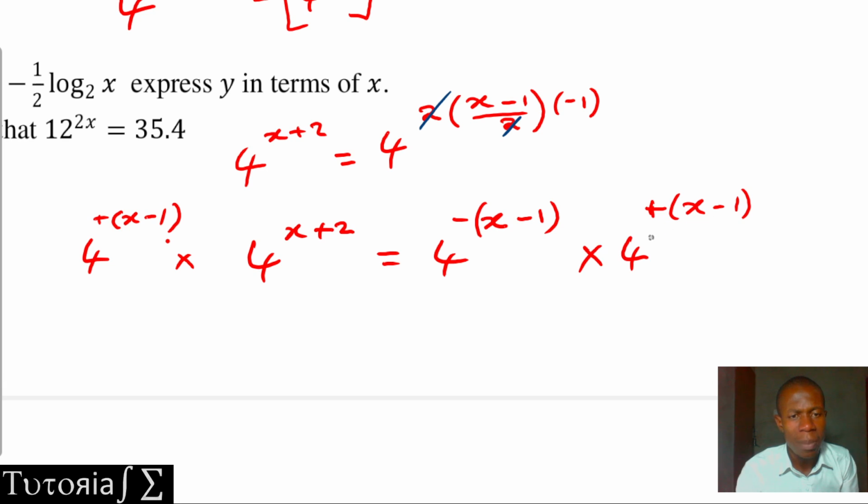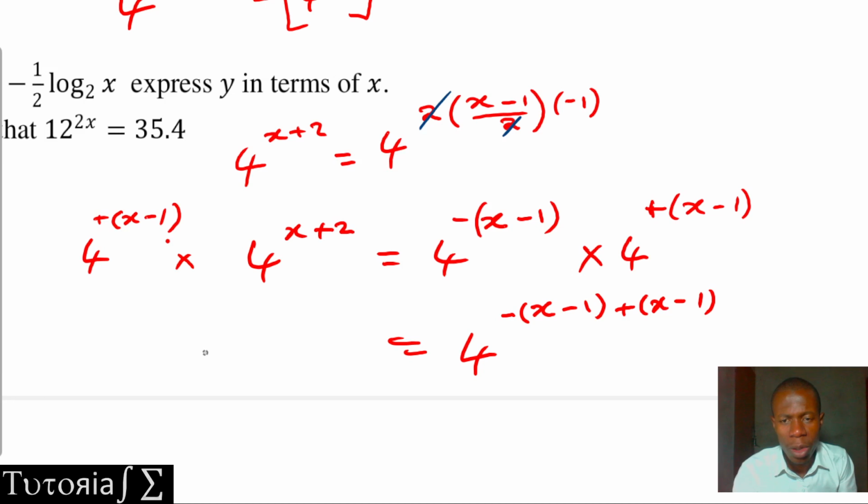Okay, so basically here the idea is that if these have different signs the powers are going to add, so on this side we're going to have 4 raised to the power negative x minus 1 plus x minus 1, which will give us 0. And this side, this is 4 to the power x minus 1 plus x plus 2.